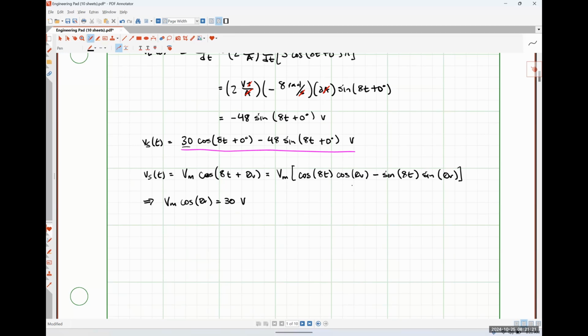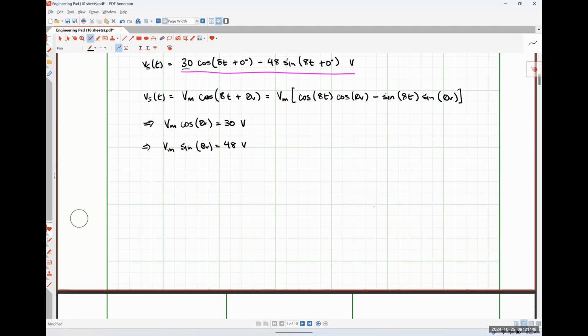So that's just Vm times cosine of theta v. We already have a minus sign in the middle there, so we're good on that side of things. So that means that Vm sine of theta v must be equal to 48 volts. Okay.